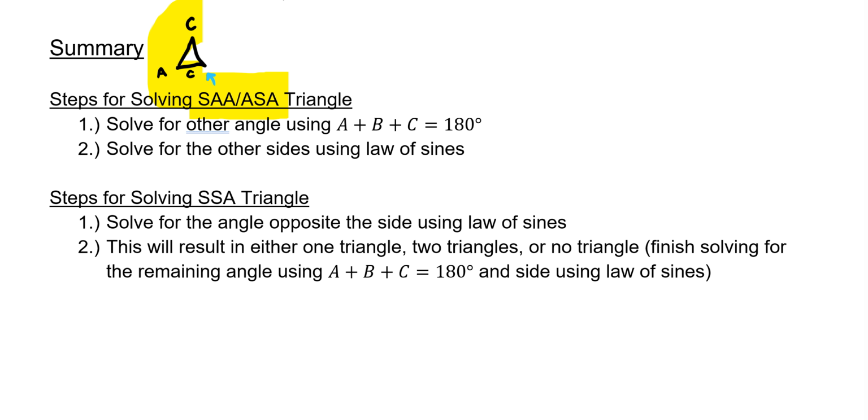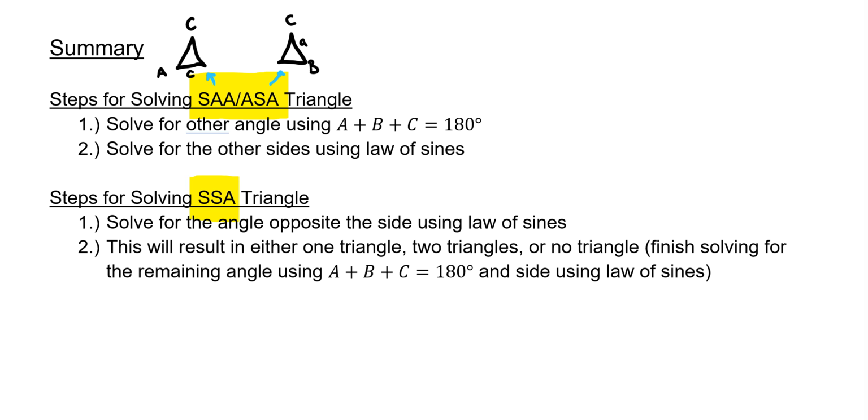And then for angle side angle, that would look something like this: angle C, side A, angle B. Probably a little bit more obvious to tell. It's just an angle, side, and then an angle if you go in that direction here. Either way, you have two angles and a side, and that's how you perform the steps to finish solving those two triangles.